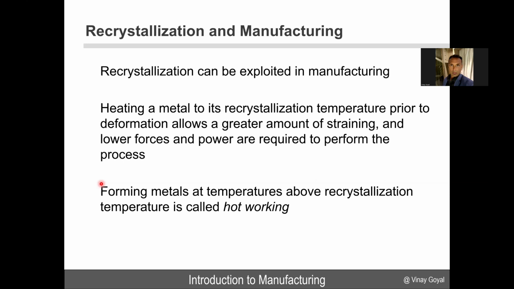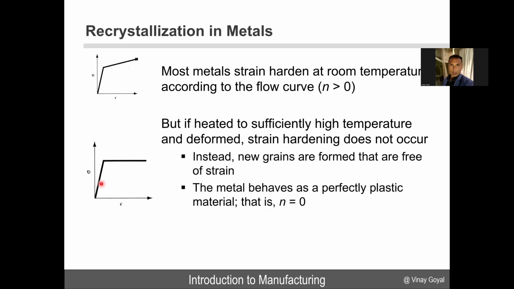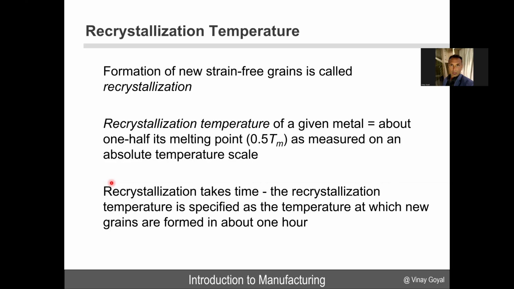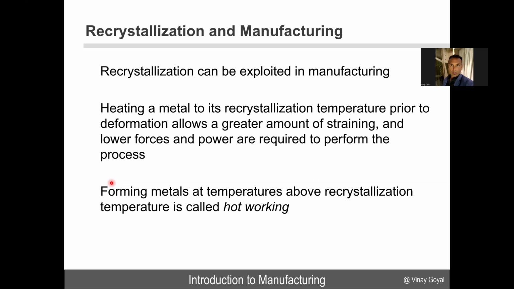Like if I have a tube, I heat it up above that recrystallization temperature, I form it. That's called hot working. And what I'm really doing is allowing new grains to be formed with strain-free behavior, which is highly desirable because the residual stresses may not be there anymore.